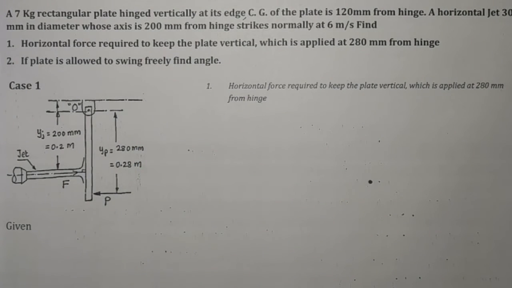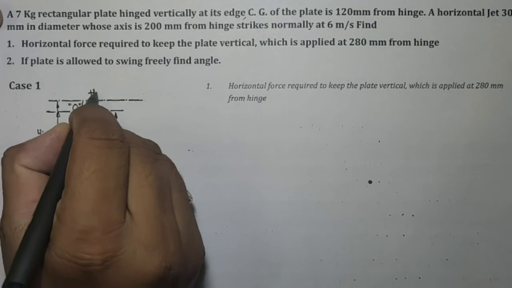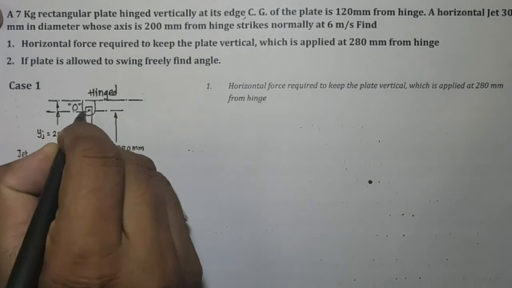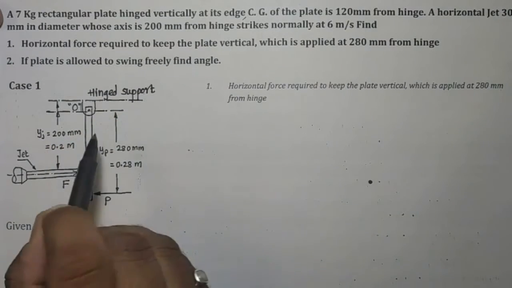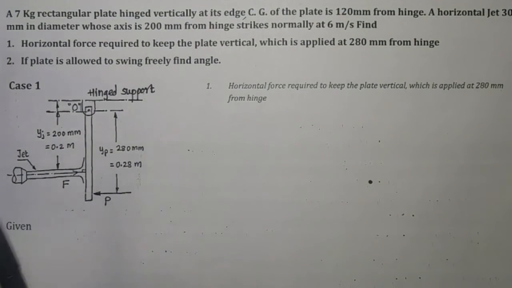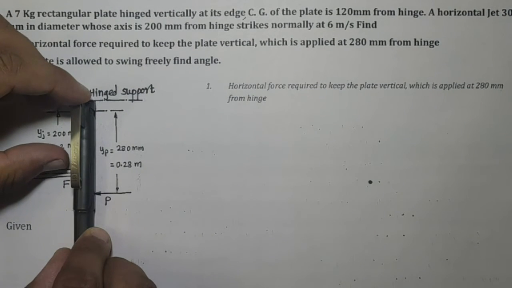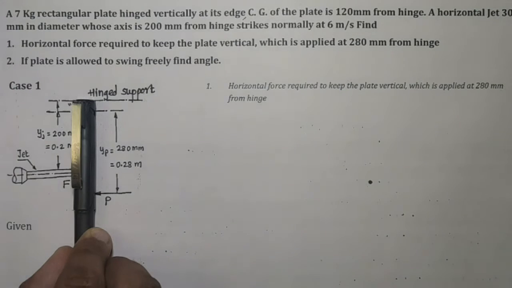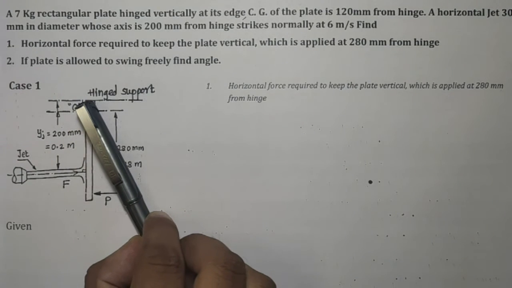Now I will explain this particular problem in a simple way. See, this is a plate. This plate is hinged. Here we have a hinged support. Because of the force exerted by the jet, this plate is supposed to swing like this.